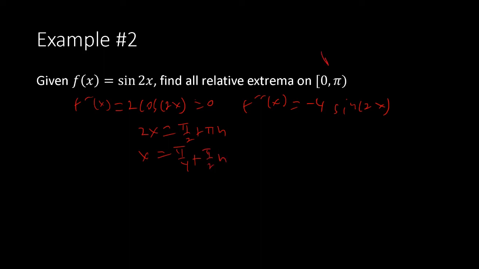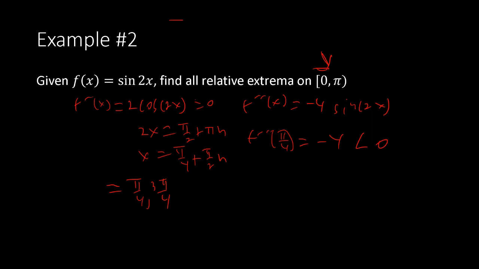And since we're using a closed interval here, I'm just going to go ahead and write out all the possible answers. So we have pi over 4, 3 pi over 4, and if we add one more pi over 2, we're going to be past our limit of our domain restriction, so we're just going to worry about these two. Now let's plug them into f double prime of x. So f double prime of pi over 4 is negative 4 sine of pi over 2, which is just 1, so this is just negative 4, which is less than 0.